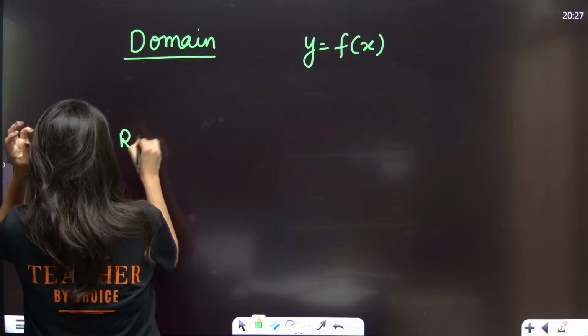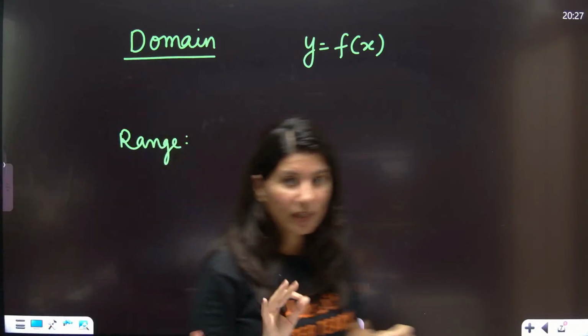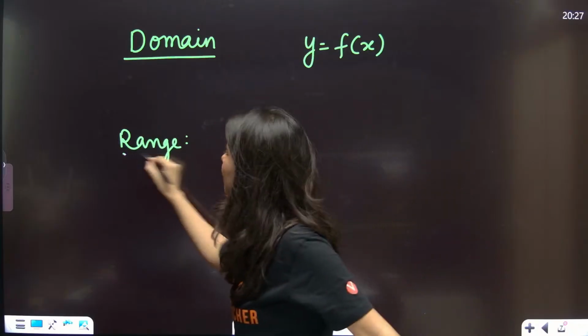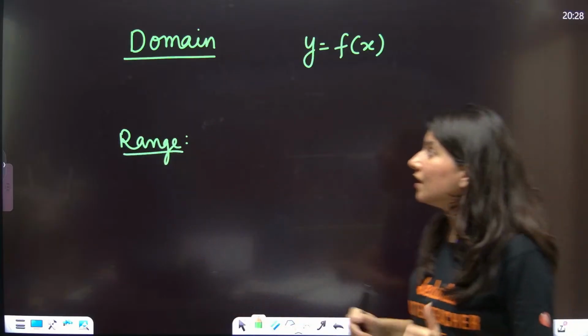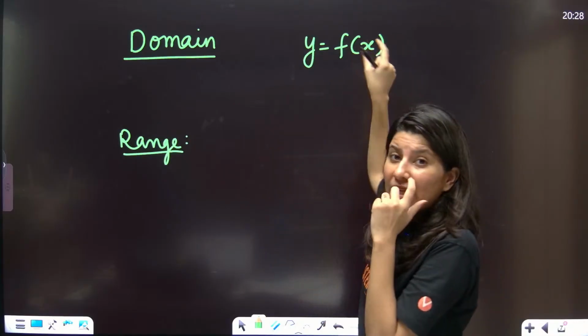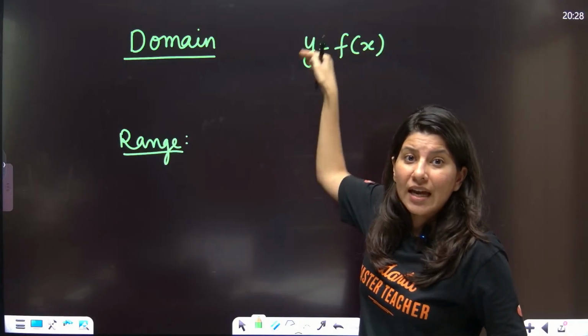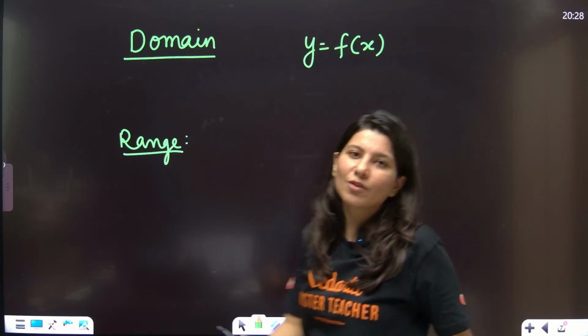Now, what about range? Now you have your permissible set of input. For the complete domain, you have to put every value of x over here and eventually get all those possible values of y.